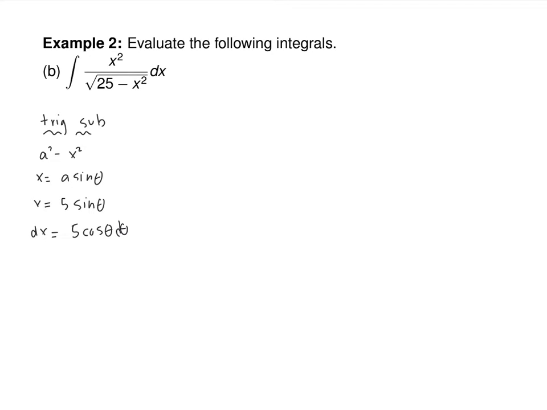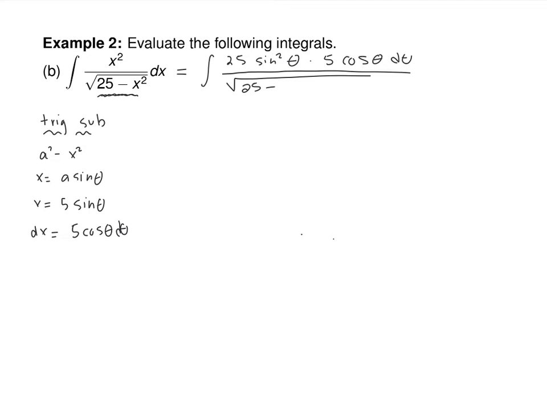And the reason this is helpful is because this will simplify once we make the substitution and allow us to take that square root. So let's plug everything in. Everywhere we have an x, we replace it by 5 sine theta. Everywhere we have a dx, we replace it by 5 cosine theta d theta. So this becomes 25 sine squared theta times 5 cosine theta d theta over the square root of 25 minus 25 sine squared theta.